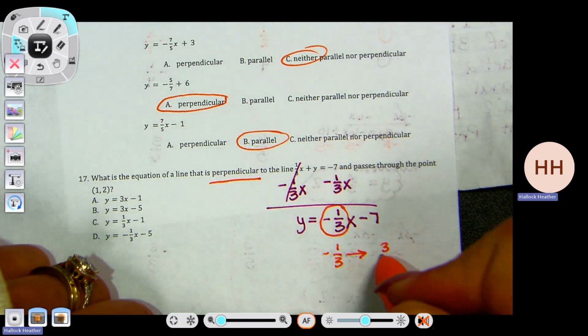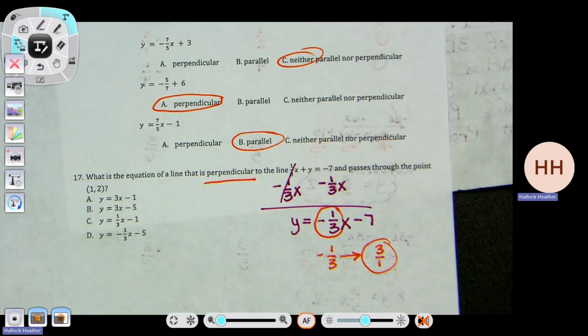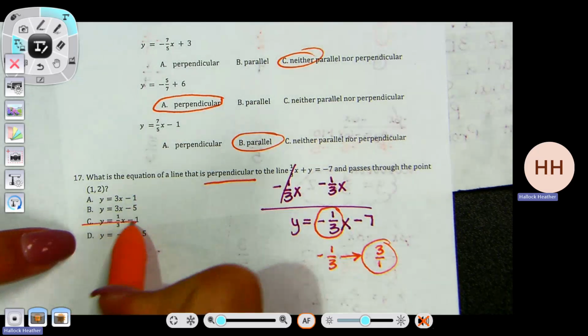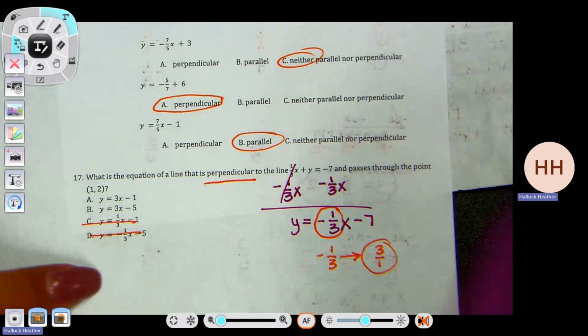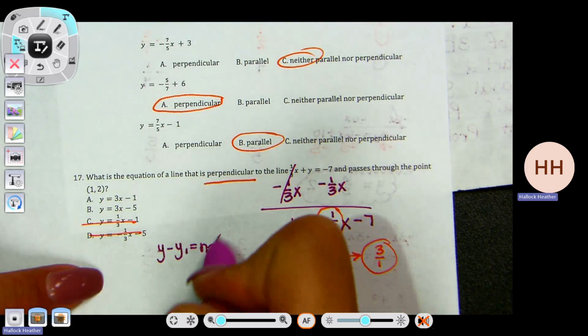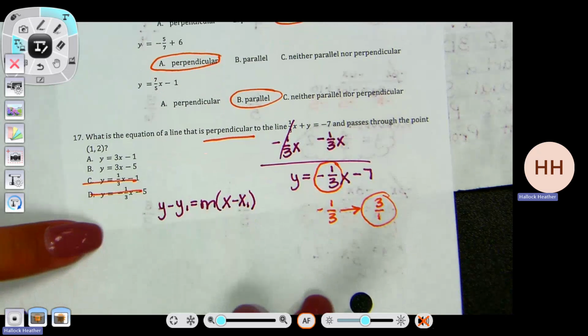3 or 3/1. We're using slope and the point, plugging it in and rearranging it. So automatically the options that are out are C and D. It's only A or B. We're going to plug it in and we're going to rearrange it and see which one matches. All of this is technically a review from Algebra 1.